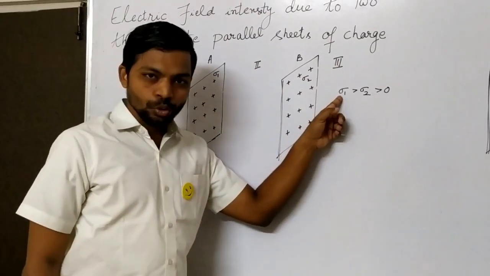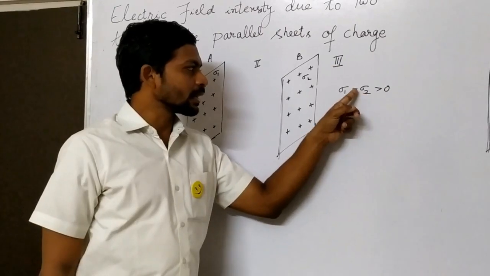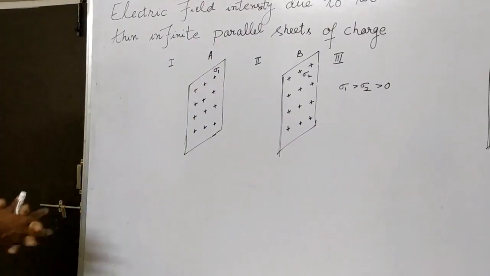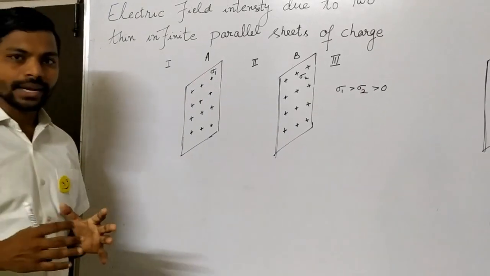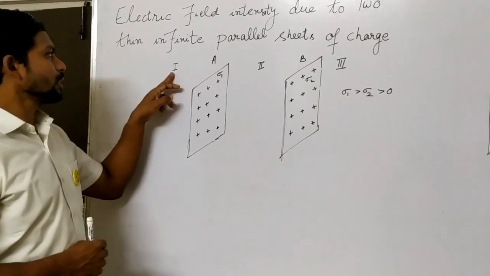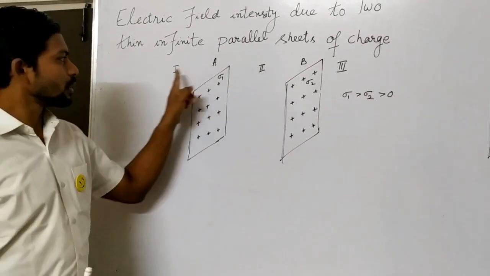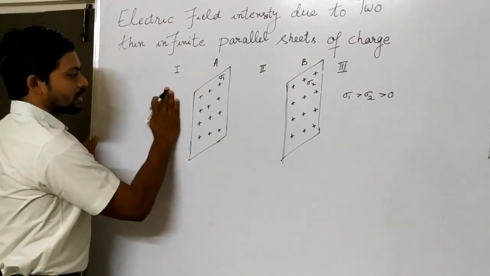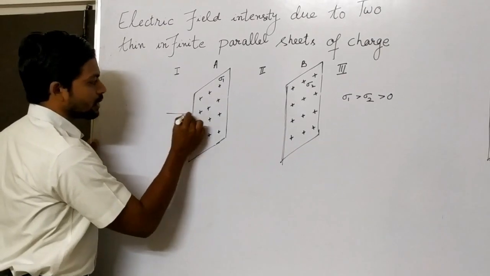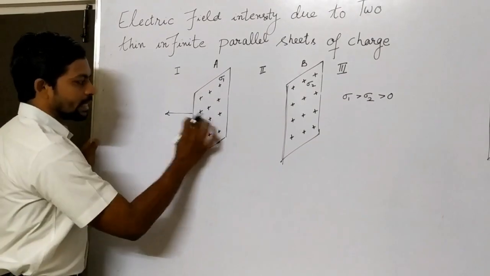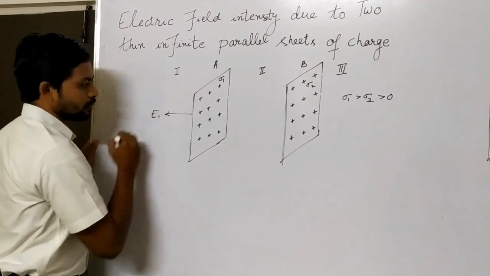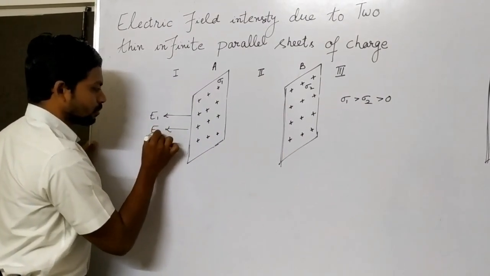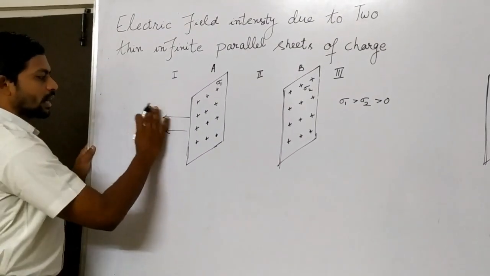Let us assume that sigma 1 is slightly greater than sigma 2, and this is greater than 0, right? Now our idea is to understand the electric field intensity in these three regions, region 1, region 2, region 3. Here in this region, the electric field intensity due to this sheet is E1 and due to the second one is also acting in this direction. Both are acting in this direction.